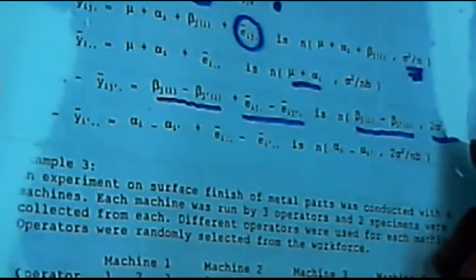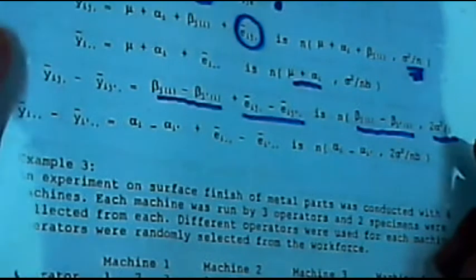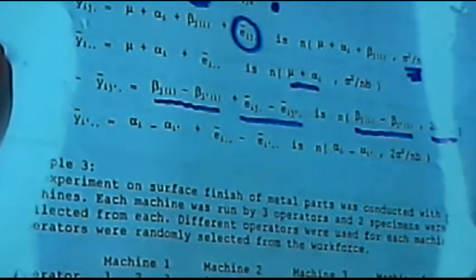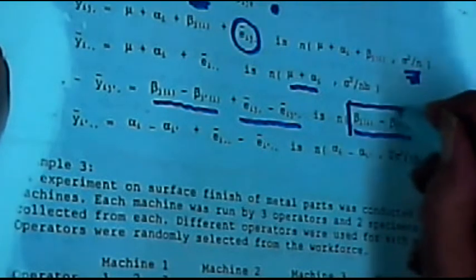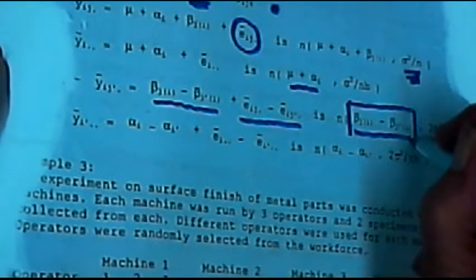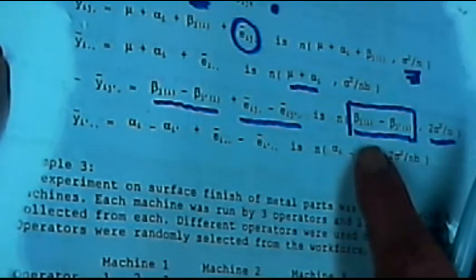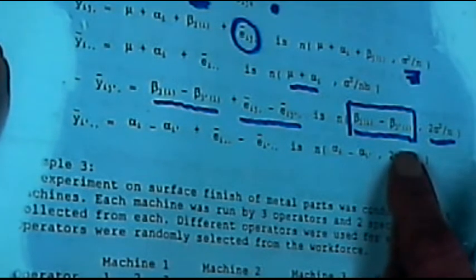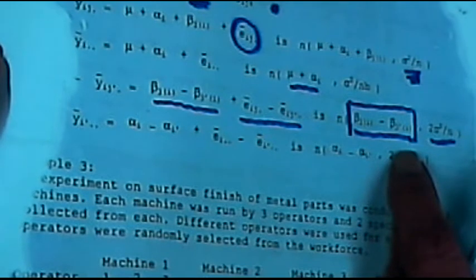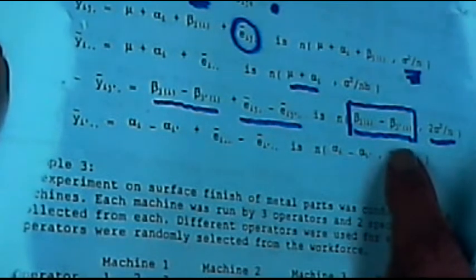So this kind of a result we might want to use if we wanted to make an inference about this parameter, beta j I minus beta j prime I. So fix a equals I, and then look at two different j values and the difference between them.